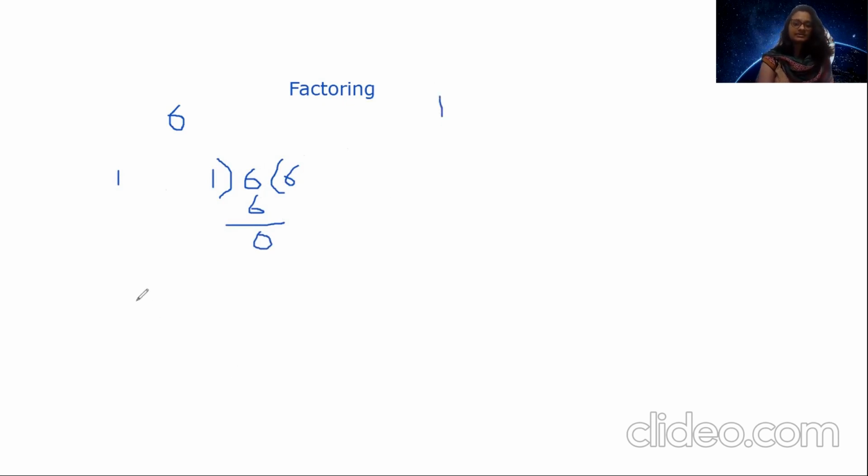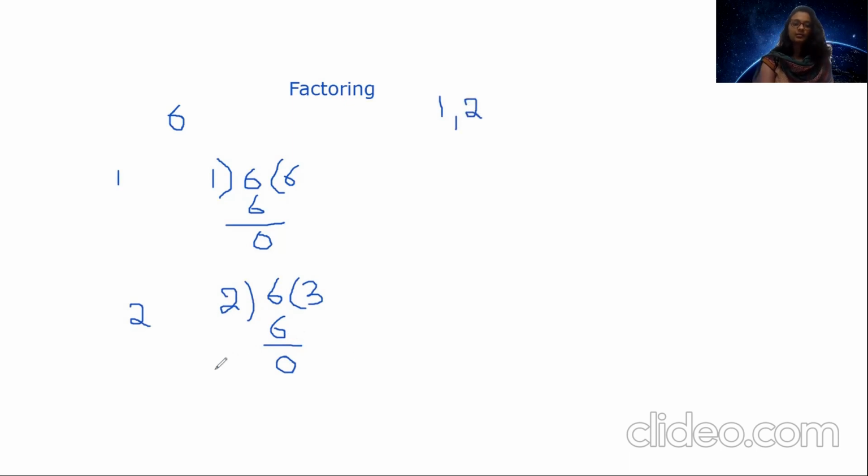Okay, next let's take 2. I am going to divide 6 by 2. 2 3s are 6. Yes, so I have got a remainder 0. So I am going to write that 2 is also a factor of 6.